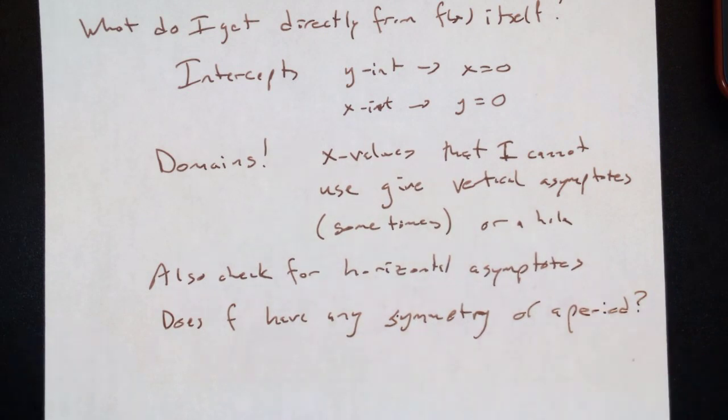Now, there are a couple of particular types of symmetry we looked at back in the algebra classes, and I talked about symmetry where a function is even. What's it mean for a function to be even? It doesn't just have to do with the ends of the graph, it has to do with the whole graph.